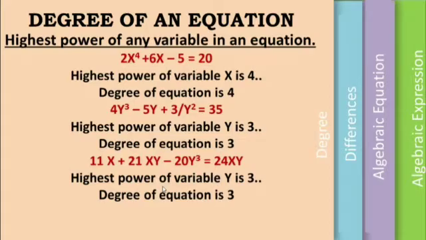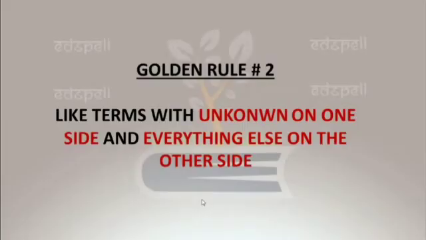Hope you have understood. Friends, now here you have the golden rule number 2. Linear equations are a type of equation that appear all over the place in math. The golden rule when solving these equations is that whenever you apply some operation to one side of the equation, you must also do the same thing to the other side. To solve an equation, we need the unknown letter on one side of the equal to sign and everything else on the other.